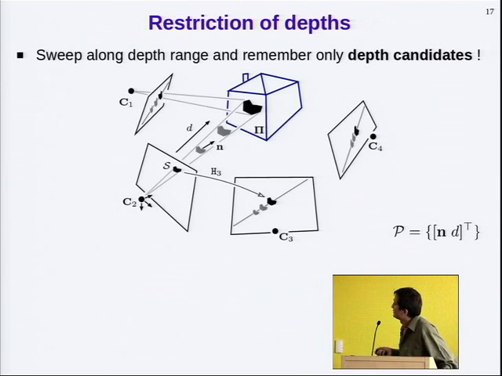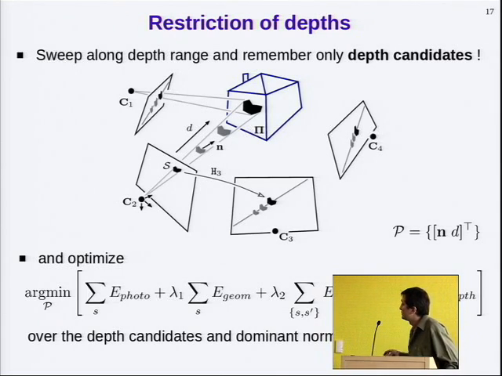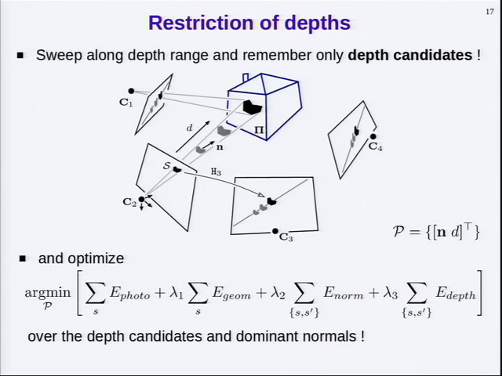So we restricted the number of normals in the sweeping strategy to 3, and now we need to do something with depth. So we propose to sweep along the depth range and remember only the depth candidates, and optimize this function only over the depth candidates and dominant normals instead of optimizing it over all normals and all depths.